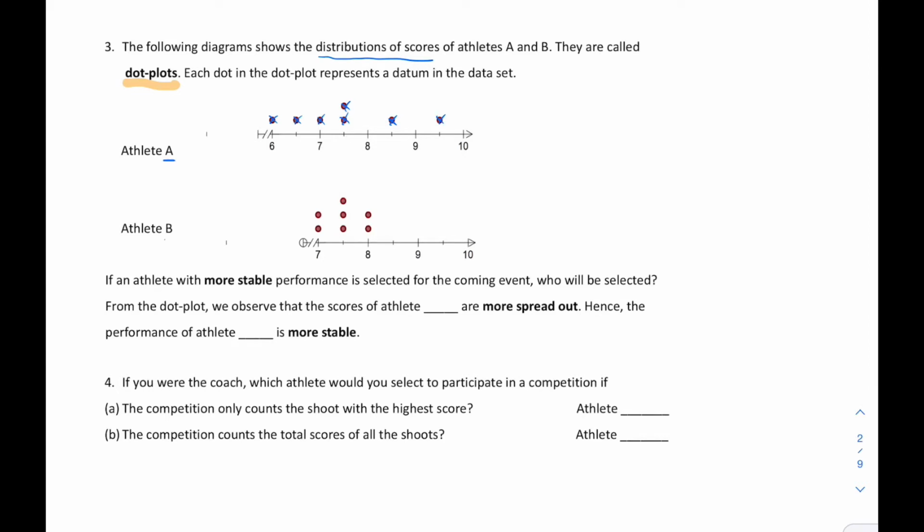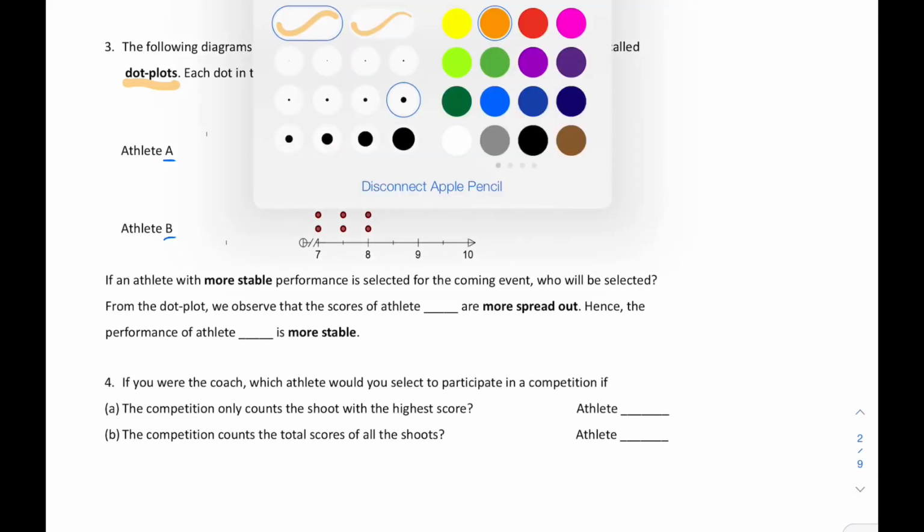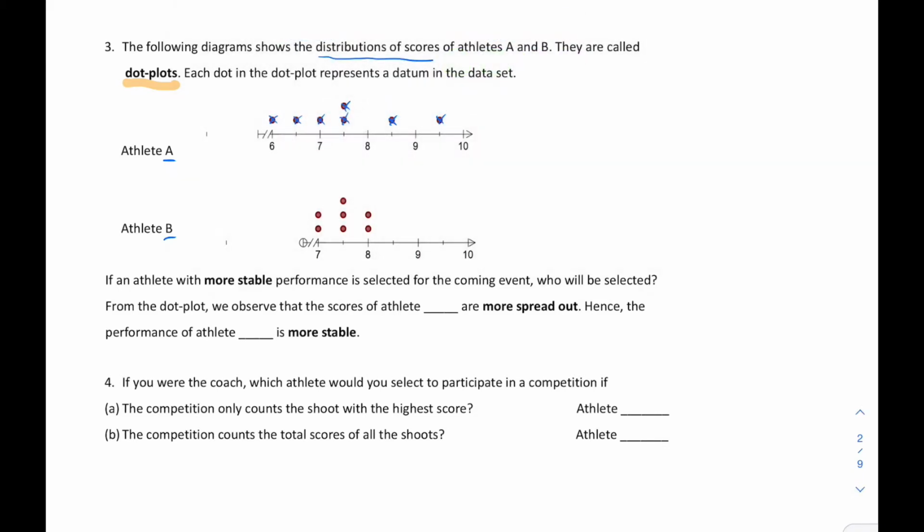So for each athlete, we can have a dot plot, and we can view the distribution of the set of data of the scores. We found that for athlete A, the distribution of data is like that. And for athlete B, you find the distribution is like that.